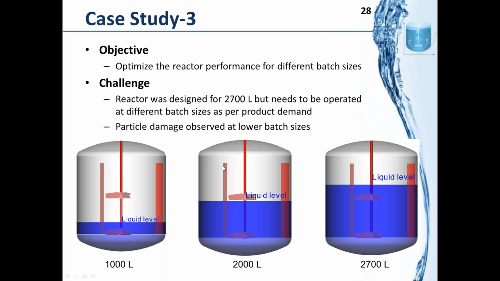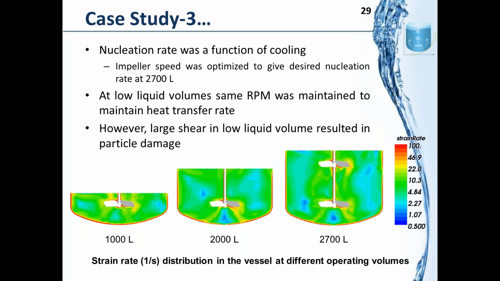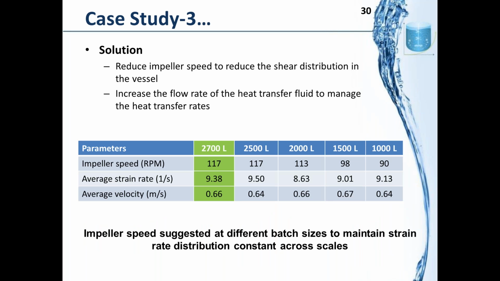The vessel was designed for 2700 liters, and the RPM was designed for that vessel volume. As you use the same RPM at lower volumes, definitely the shear rates will be high. So you can quickly do CFD analysis, understand the shear levels, and try to do these analyses at different RPMs to see where you can match the shear rates and optimize the RPM.